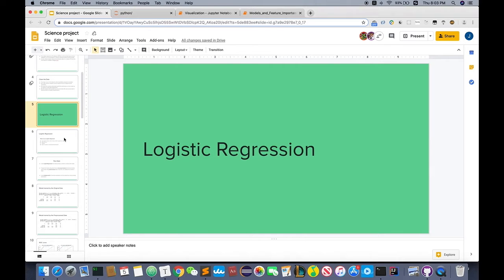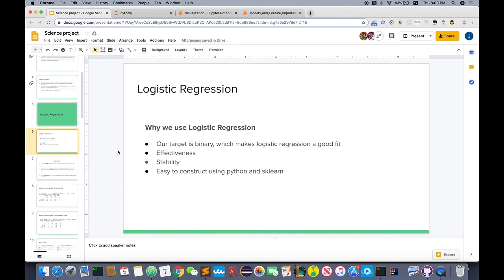First, let's talk about logistic regression. Logistic regression is a machine learning classification algorithm that is widely used to predict the probability of a categorical dependent variable. In this case, that is our target. There are some reasons why we use logistic regression.